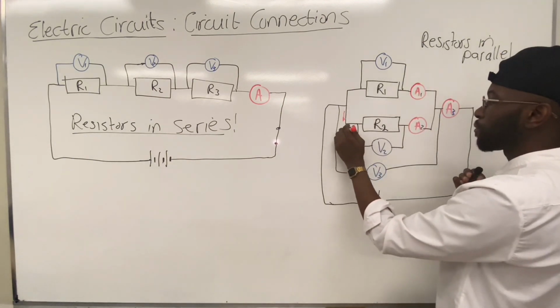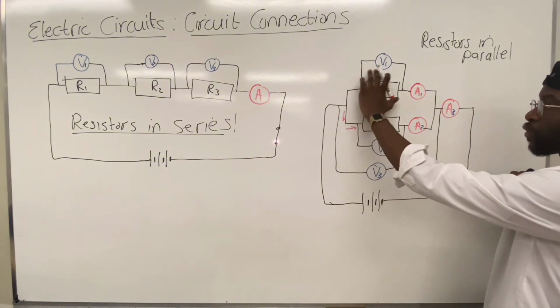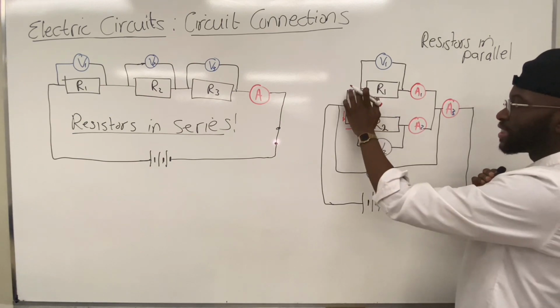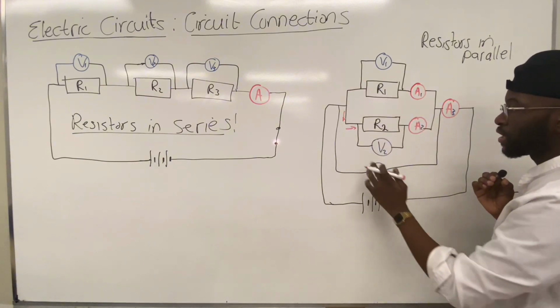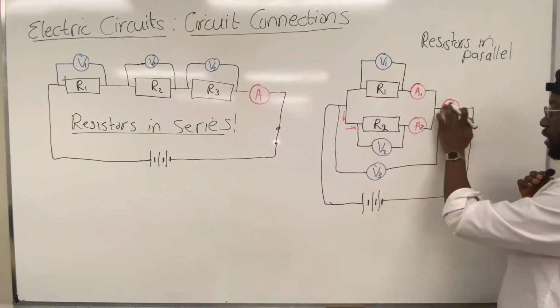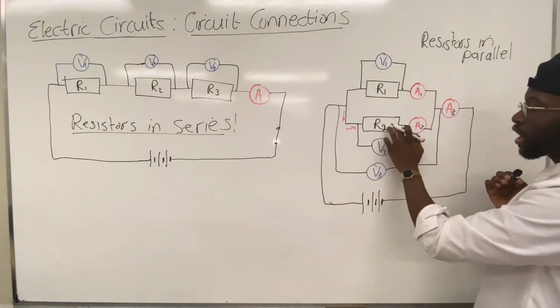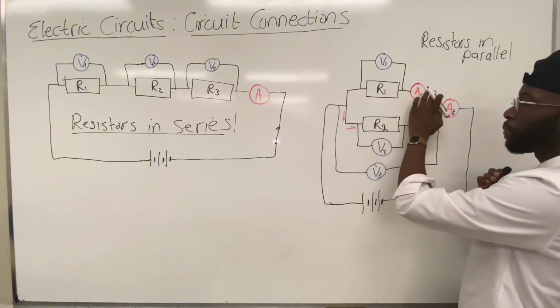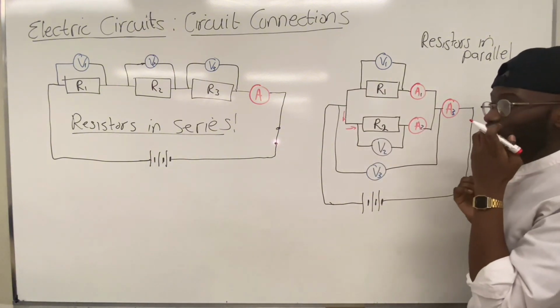It will avoid this path whereby there's a broken element and it cannot flow on that side. Or if R2 breaks, it will avoid this path of R2 and move to the path of R1.